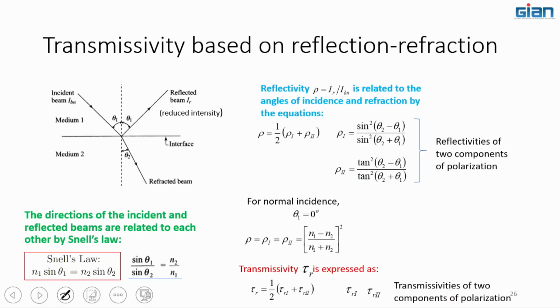Now if we see Snell's law, if you have an incident beam radiation, theta 1 is the angle of incidence, sorry, and theta 1 is also the angle of reflection, and the angle of refraction is theta 2. So the angles of reflection or refraction can be related with these expressions: sin theta 1 by sin theta 2 is equal to n2 by n1 if they are of different mediums.